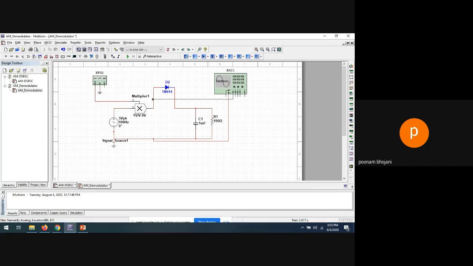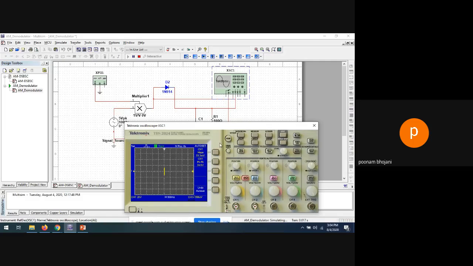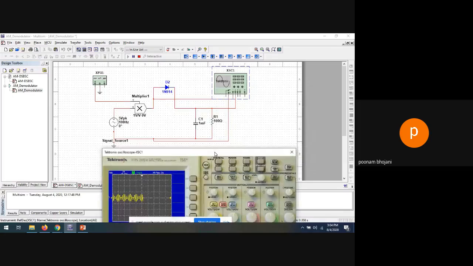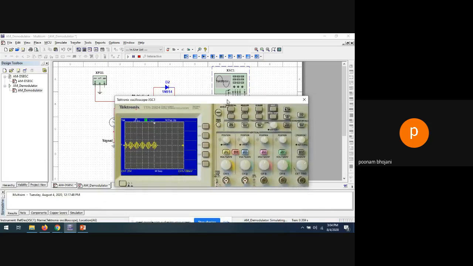First is the modulated signal, and second is the demodulated signal. Channel 2 is connected with the R1.